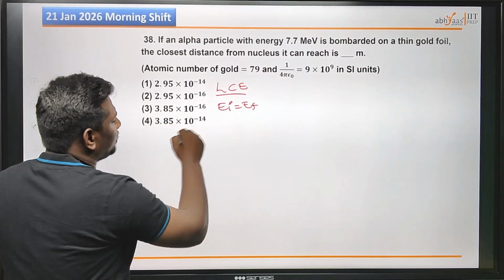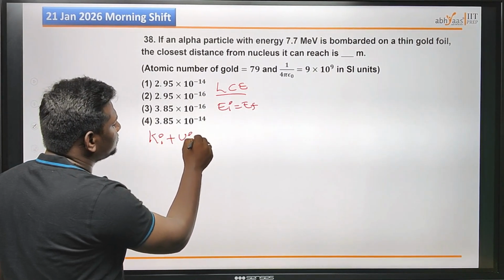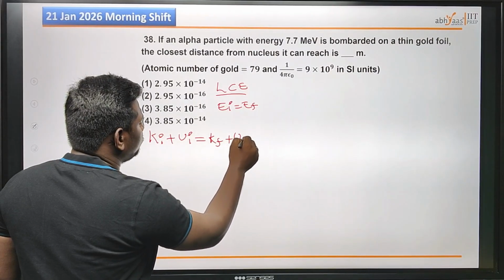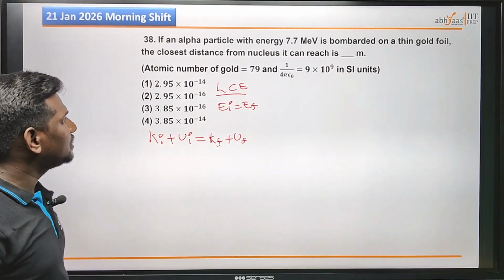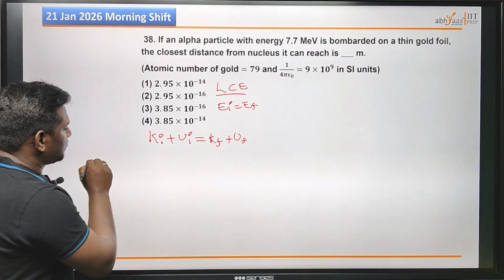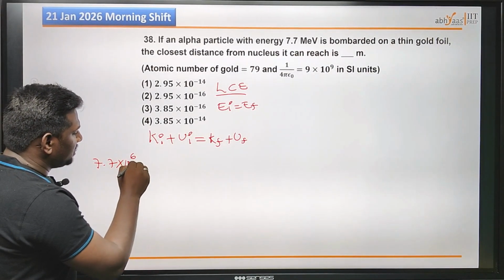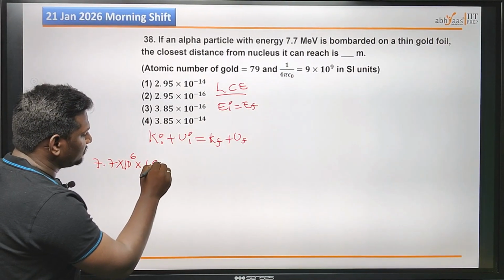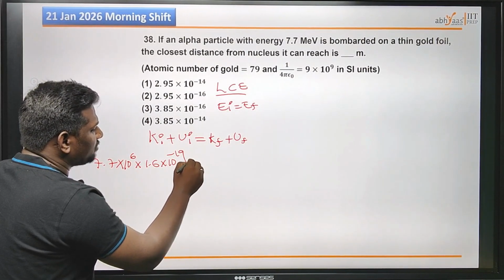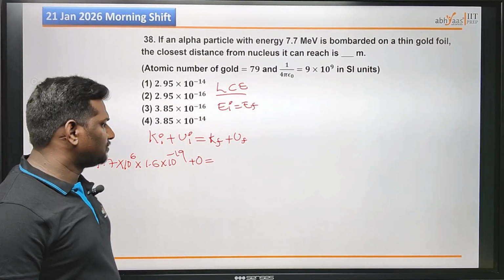So initial kinetic energy plus potential energy equal to K final plus U final. Initial kinetic energy is 7.7 mega electron volts. Initial potential energy is 0.